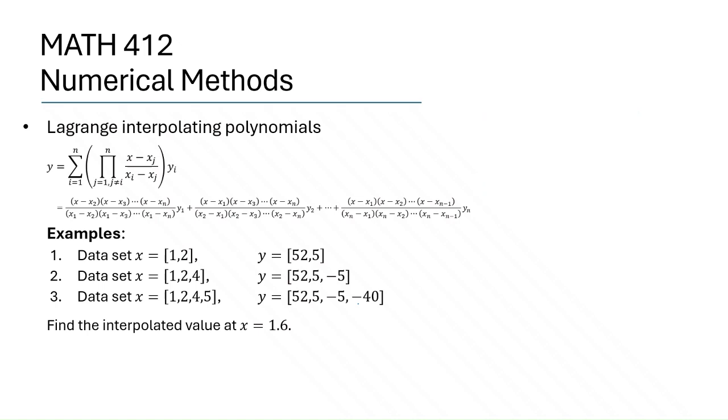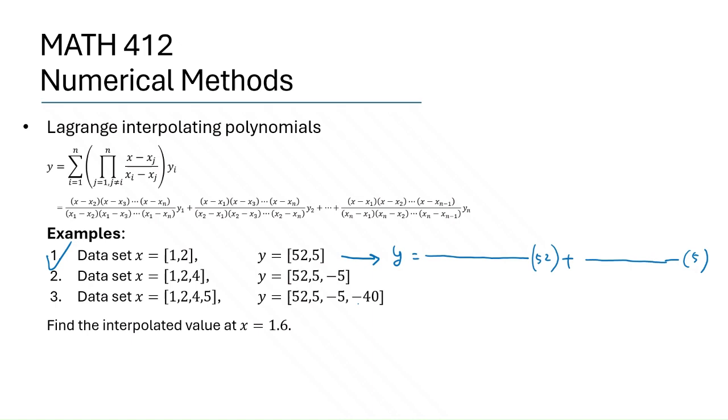How about using a data set? Okay, x, y are given. Now you set up, for the first one, this: y1 times 52 plus y2, which is 5. Okay, the numerator.